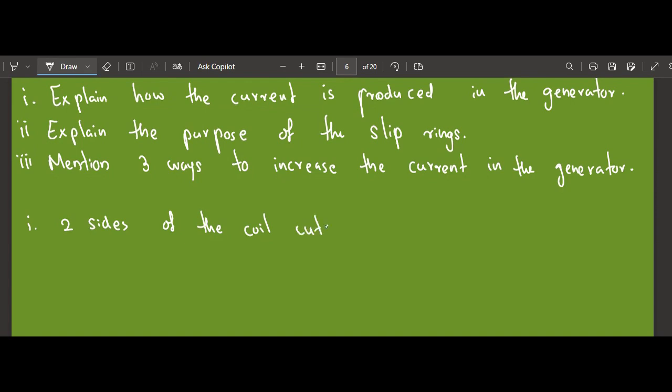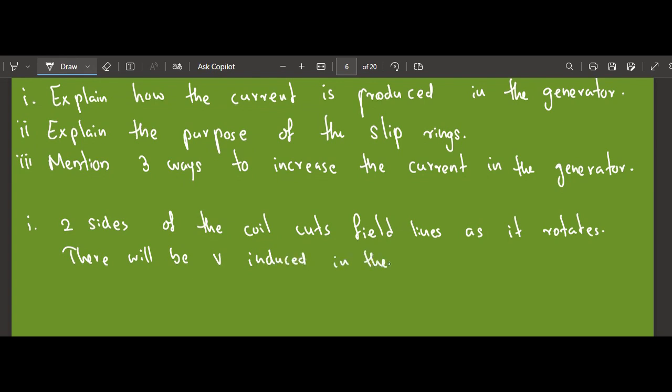Due to this rotation, there will be a voltage induced in these sides. Then the voltage is causing a current induced in the coil.